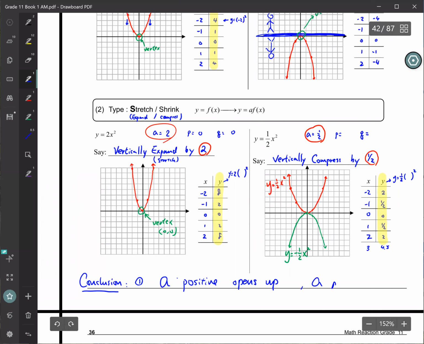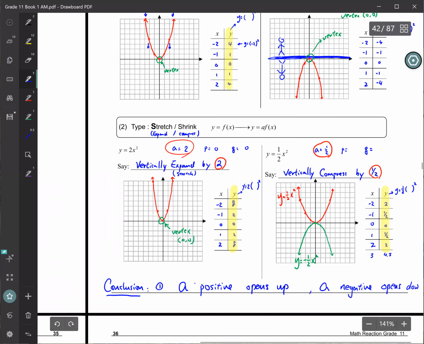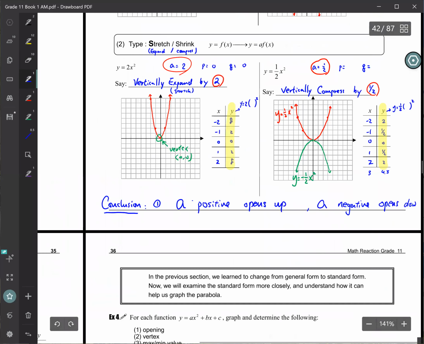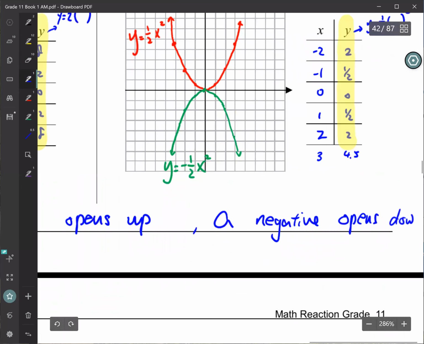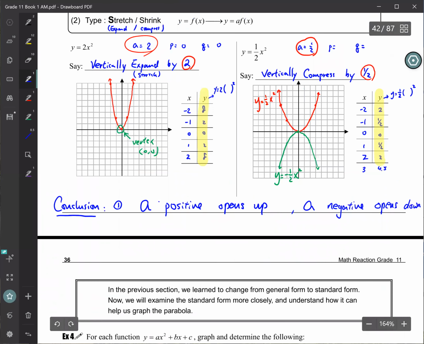A negative, opens down. Okay, the graph that we've been drawing, those are called parabola. So you can write parabola. Or you can call them quadratic function. It's a longer name, or you just call it parabola.